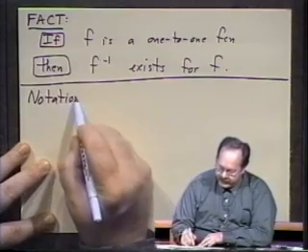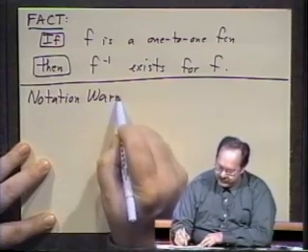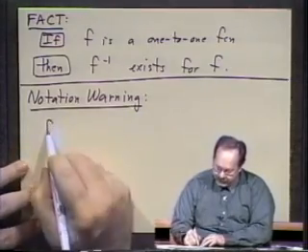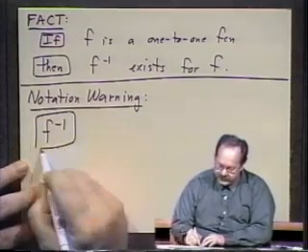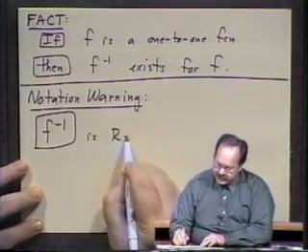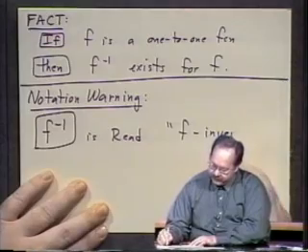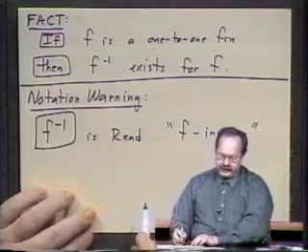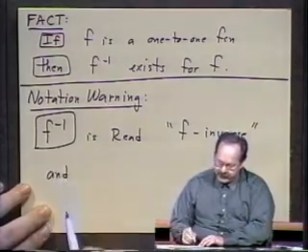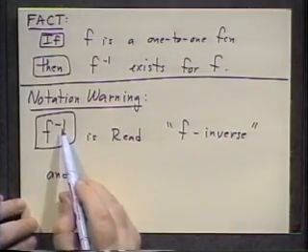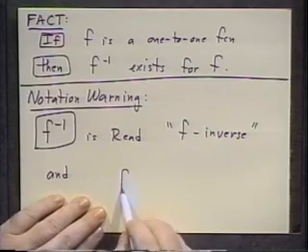Let's do that right now so we can get that out of your system. Notation warning. First of all, f inverse is read, as I just spoke it, f inverse. There is no other way you should be reading that. And let's be clear, this -1 up here, although it means inverse, also has another meaning you may recall.